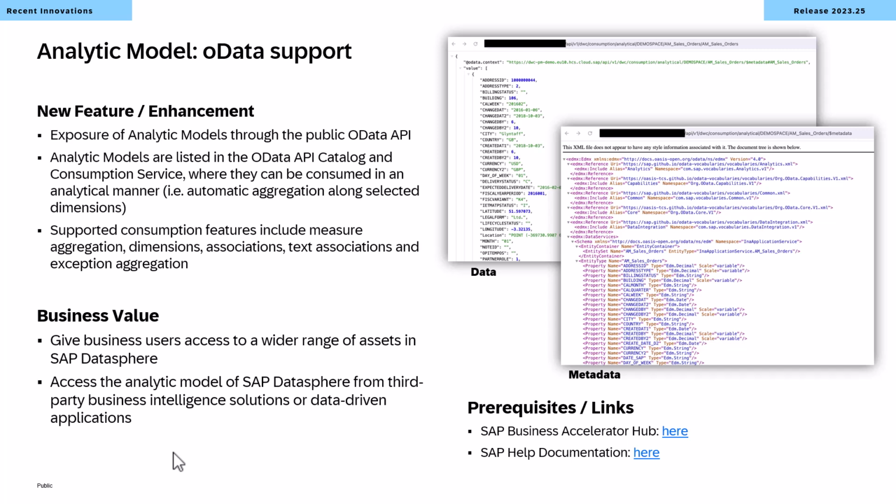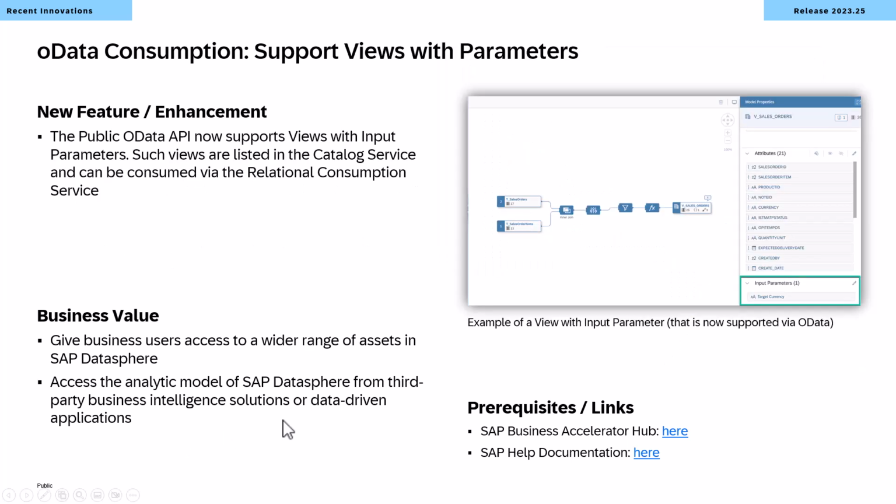Right, there are also additional features included for consumption, like measure aggregation, dimensions, associations, text associations, and exception aggregation. And also an important enhancement we made to the OData interface is that we are now supporting views with parameters.